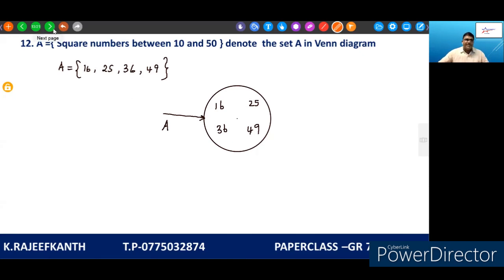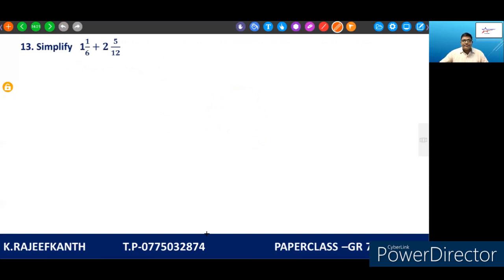Then question number 13. Simplify 1 and 1 over 6 plus 2 and 5 over 12. Here there are two mixed numbers. So in two ways we can add these two fractions. I will explain those two ways. So first you have to find the answer.